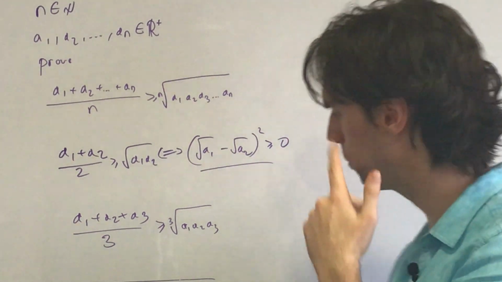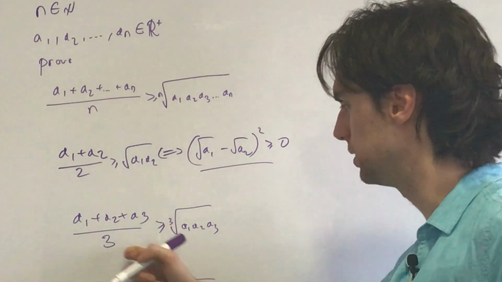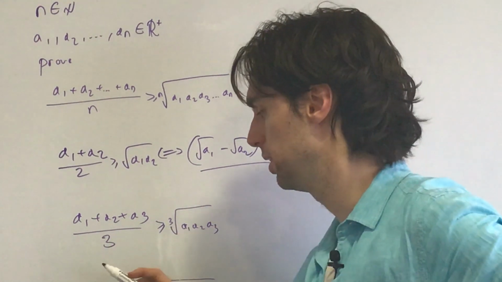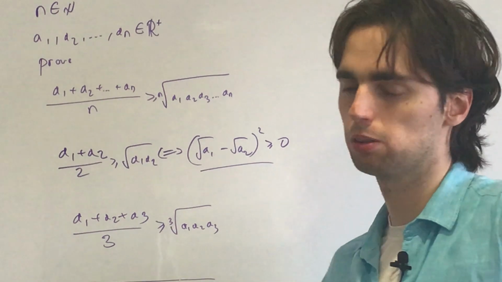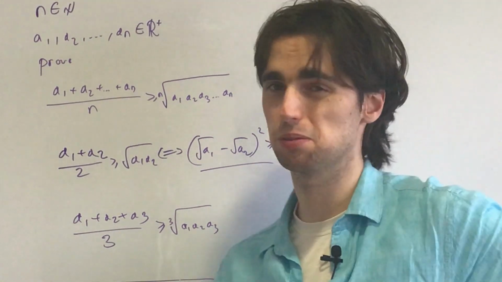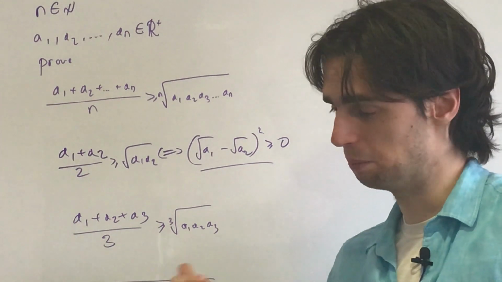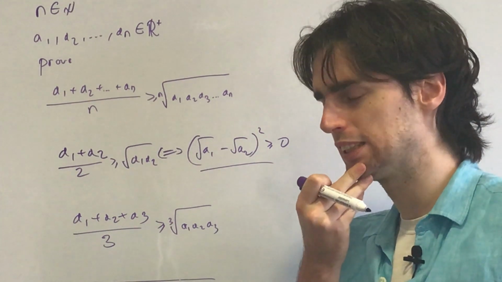Actually, I'm not even sure. What would we have? If we multiplied by 27 and cubed, we would have a1 cubed, a2 cubed, a3 cubed, and then all those combinations of them.